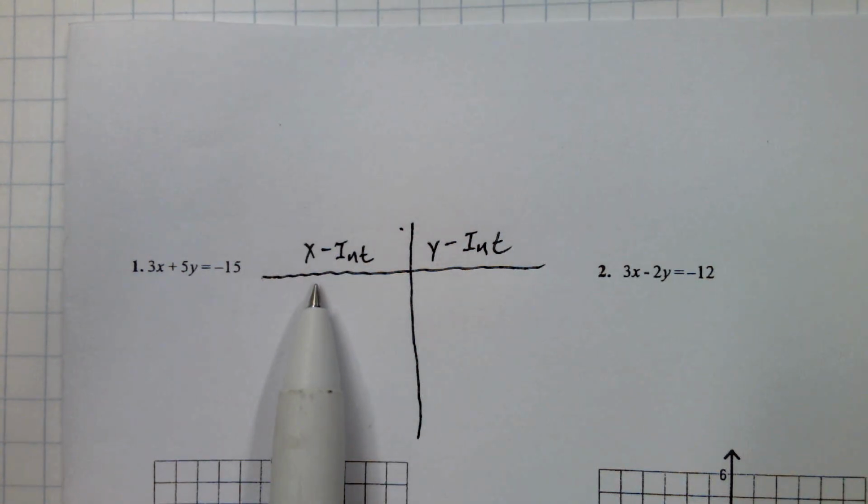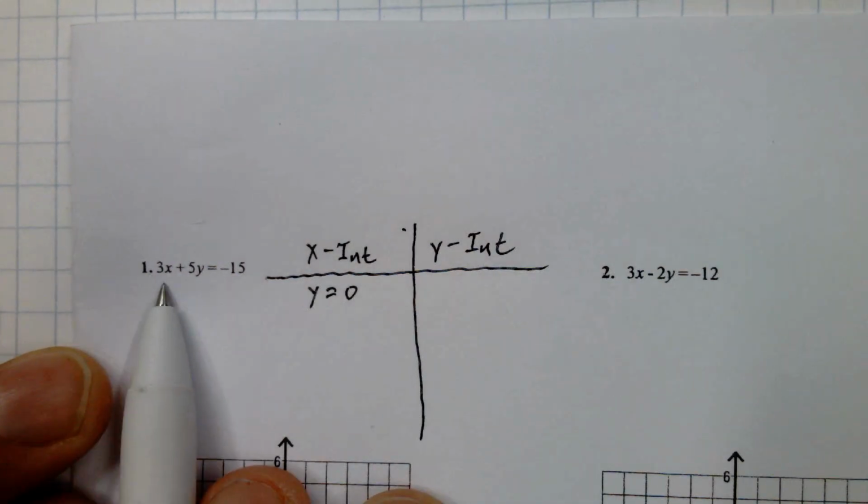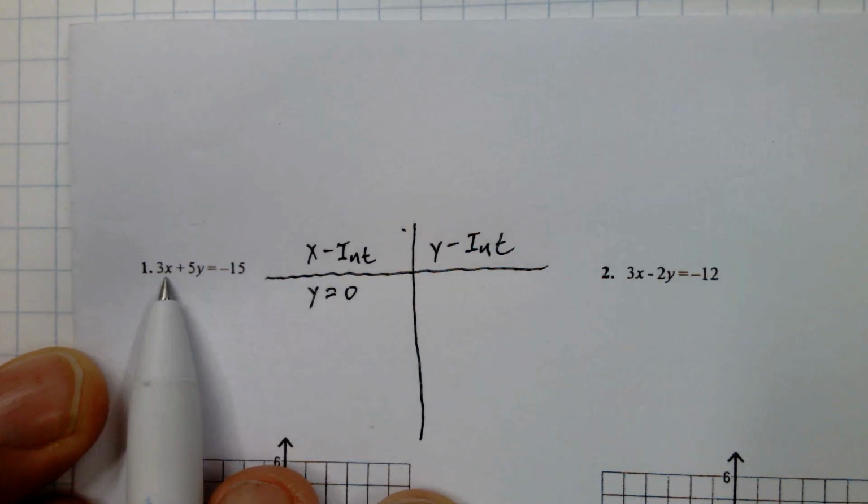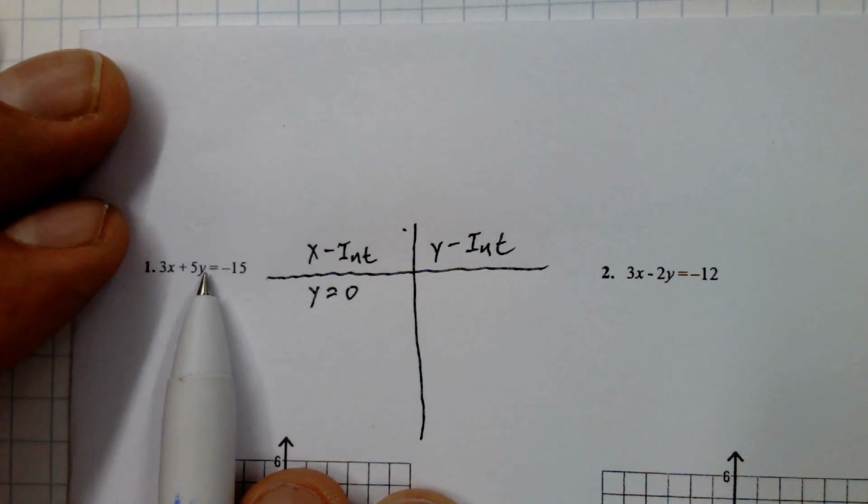X-intercept. Which number is 0 on an x-intercept? The x or the y? Y. So just to remind me, I'm just going to put y equals 0. Then I'm going to recopy this equation. But instead of 5 times y, guess what I'm going to put? 0. So 3x plus 0 equals negative 15.